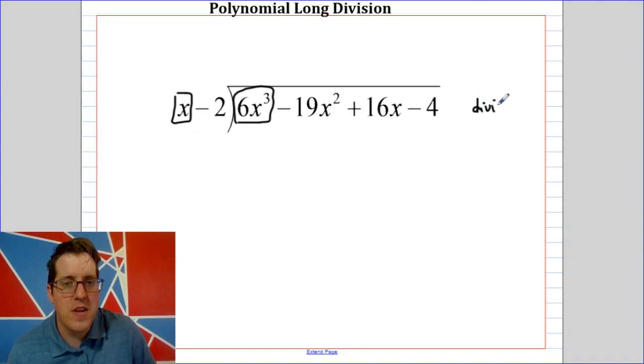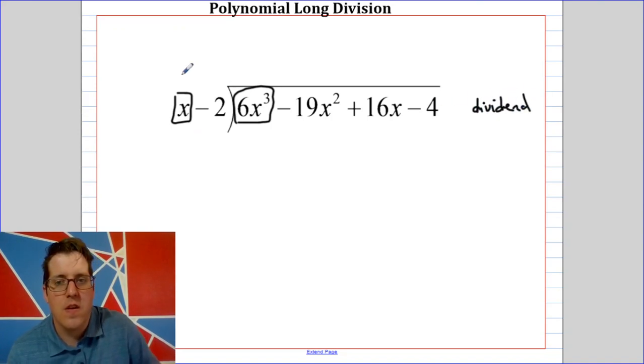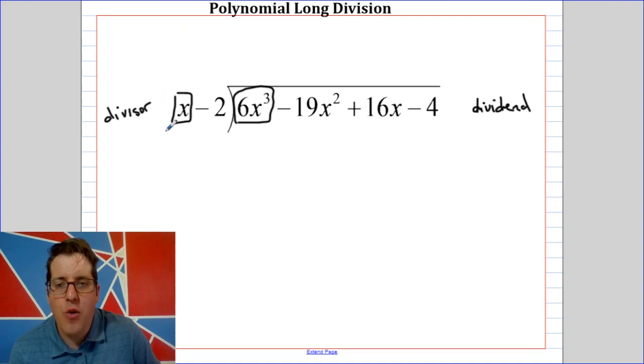So the dividend and the divisor. You're going to say to yourself, how many times does x go into 6x cubed? And at first, that seems really confusing. So think about it this way instead. What would I multiply x by to make it 6x cubed?